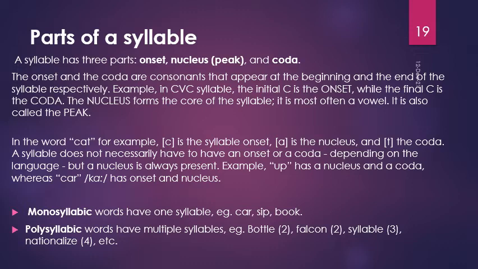A syllable does not necessarily have to have an onset or a coda depending on the language, but a nucleus is always present. Example, up. Up has a nucleus and a coda, whereas car has an onset and a nucleus.